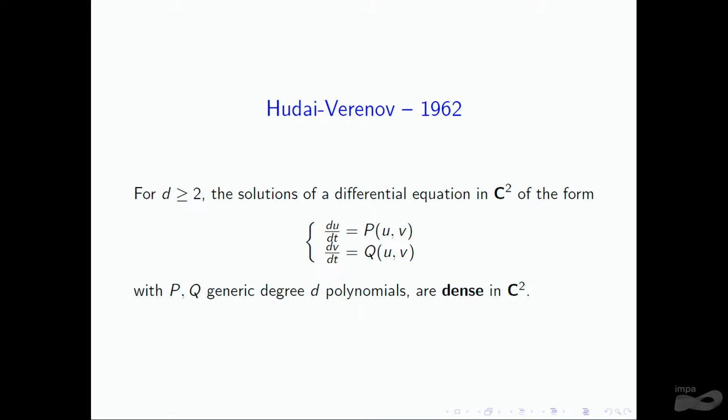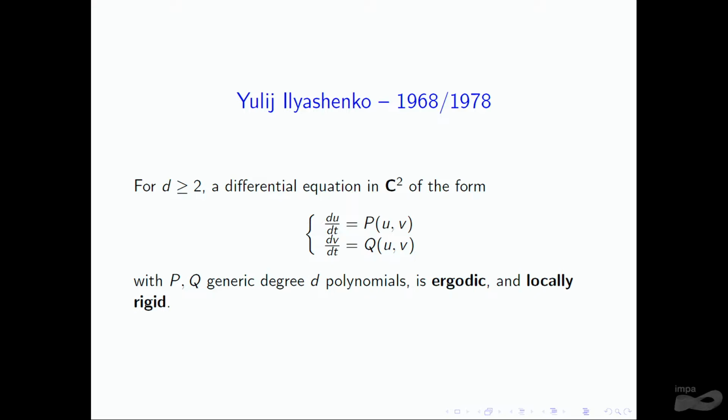So it's completely different, and it's drastically different as in the real case where we see these very simple dynamical systems. And in fact, this theorem by Udai-Zverenov was complemented by Ilyashenko some years later, so in 68 and then in 78.